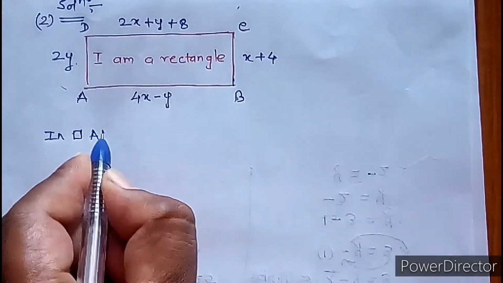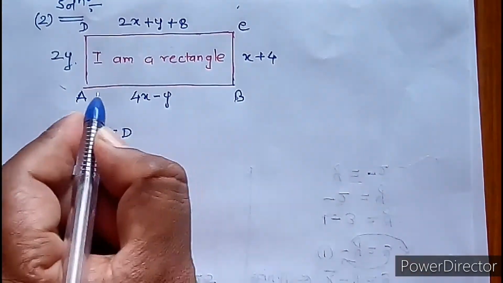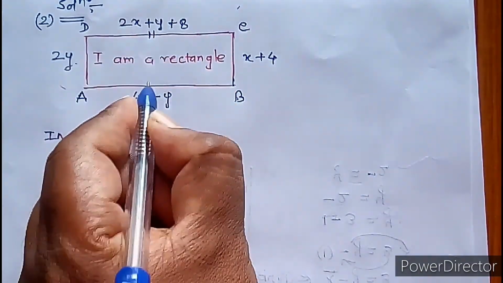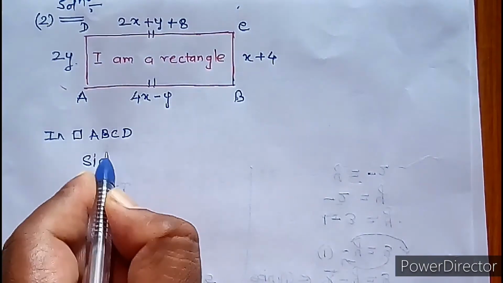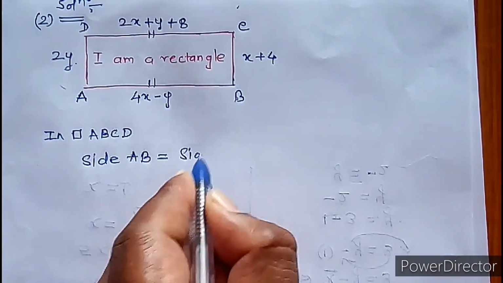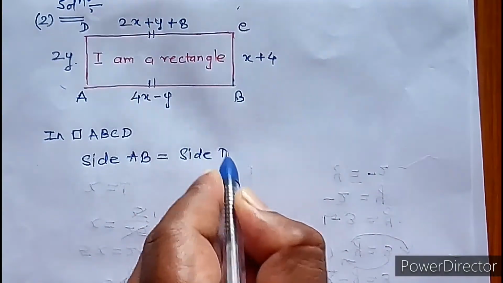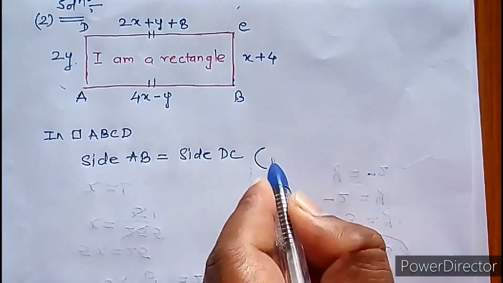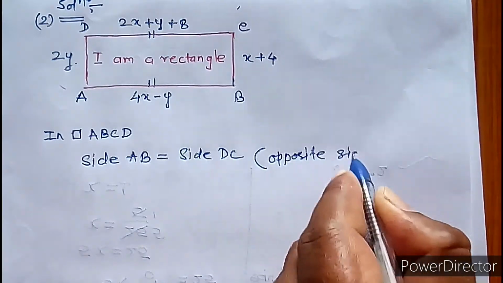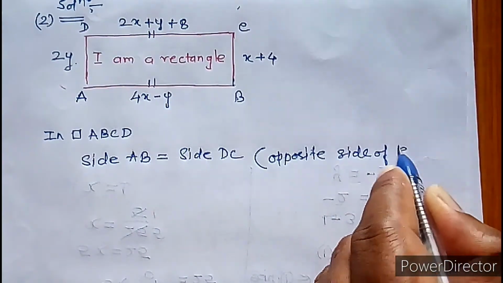In rectangle ABCD, we see that side AB is congruent to side DC, because these are the opposite sides of a rectangle.